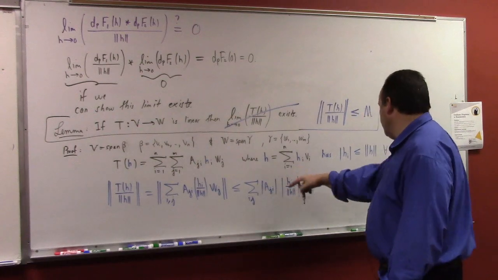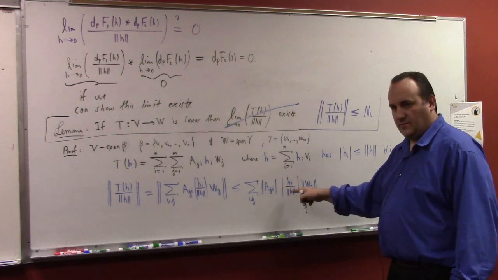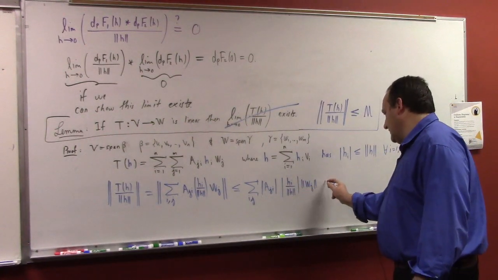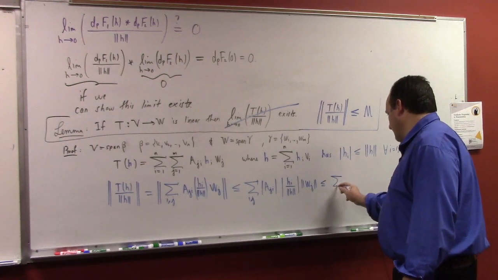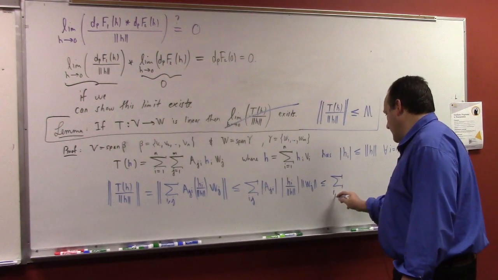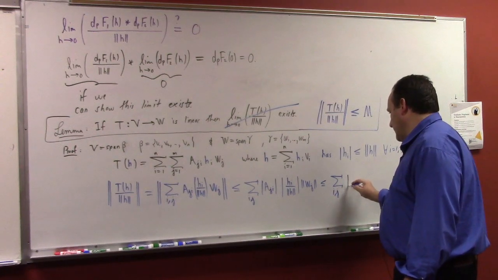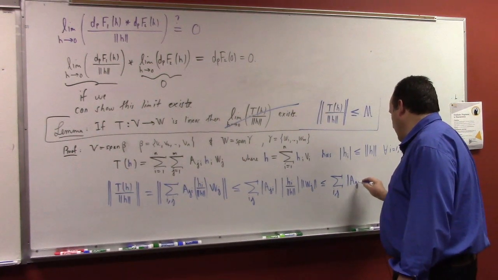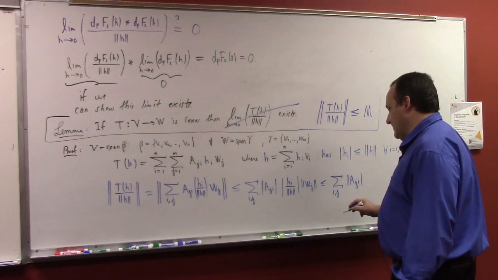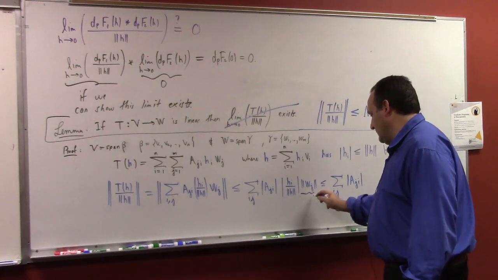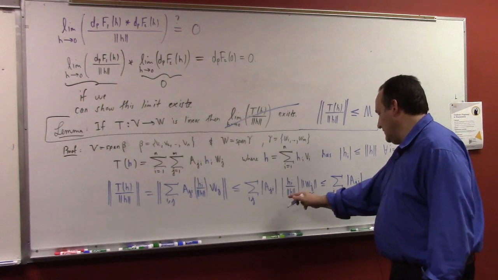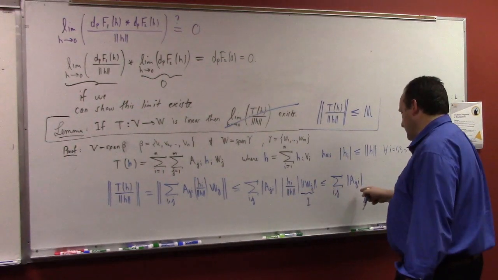Now this is at most 1. So this is less than or equal to the sum over I comma j of the absolute value of AJI. And if we assume that this is 1, if we normalized our basis, then that's gone. This is at most 1, so we get that.